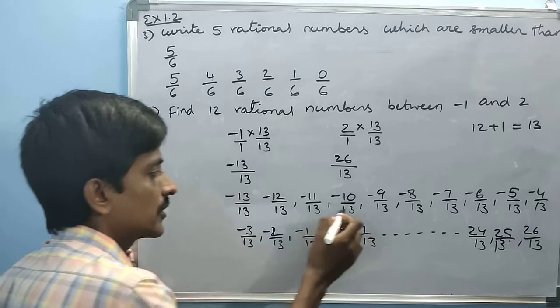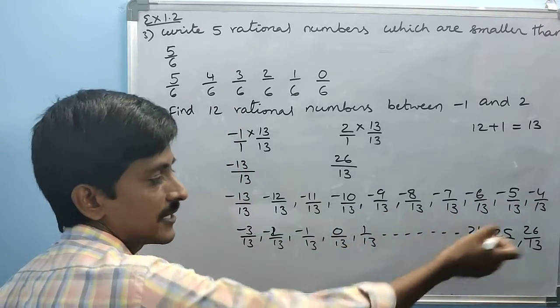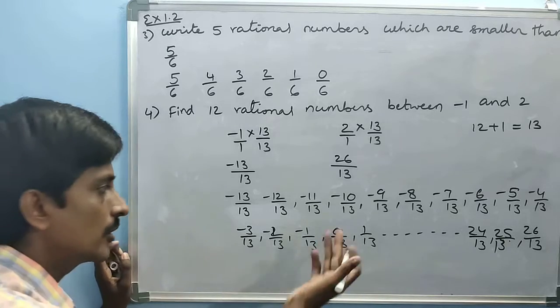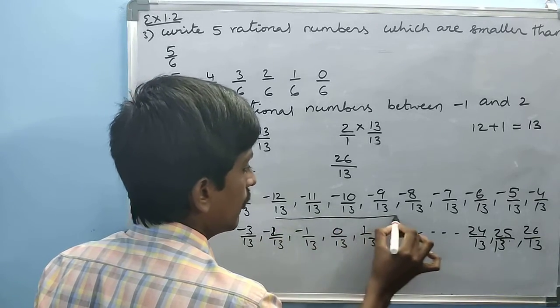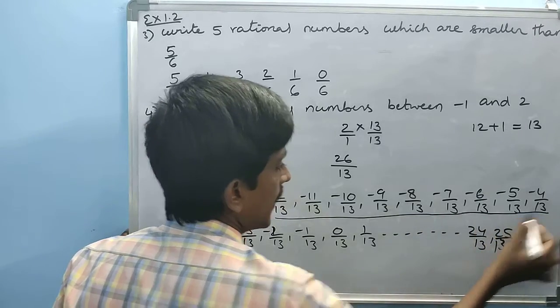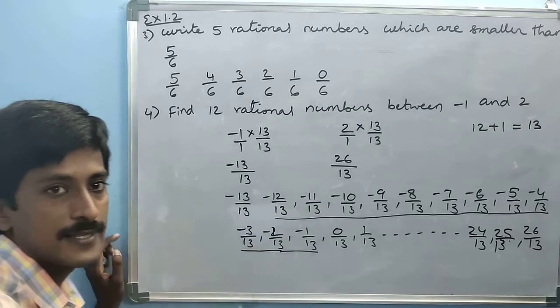So if you need 12 numbers, you count 1, 2, 3, up to 12. You will take like this.